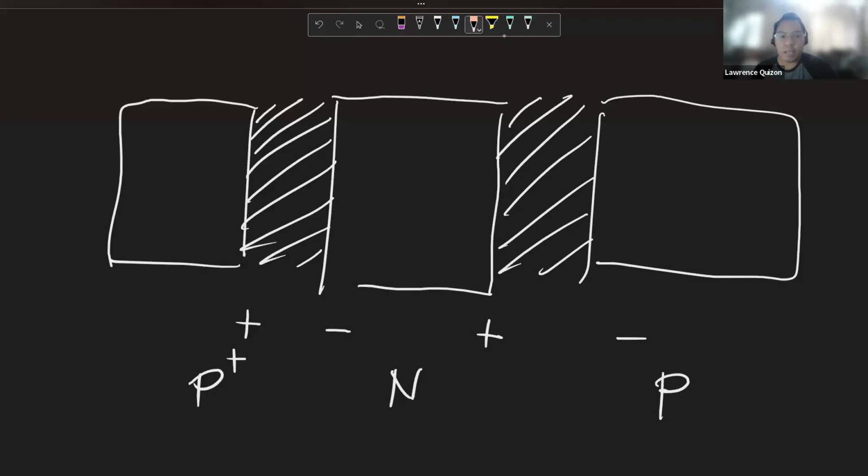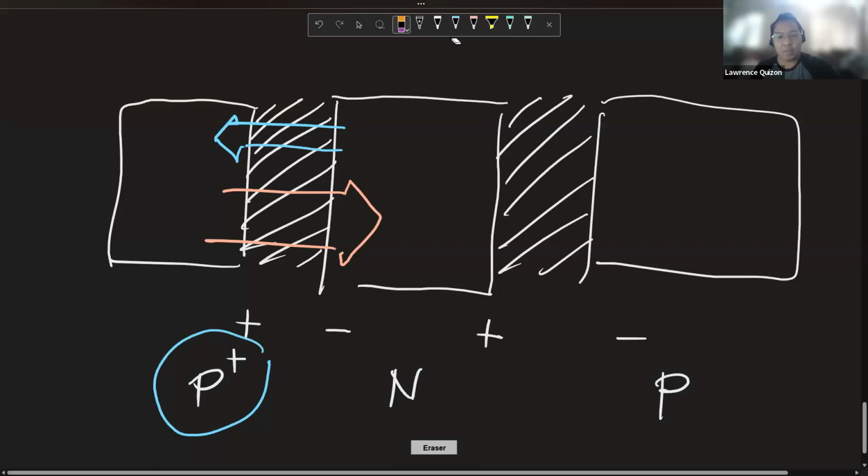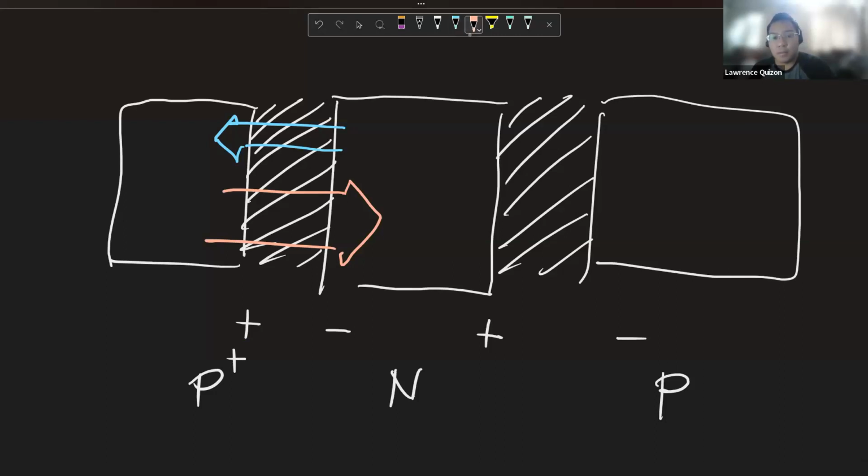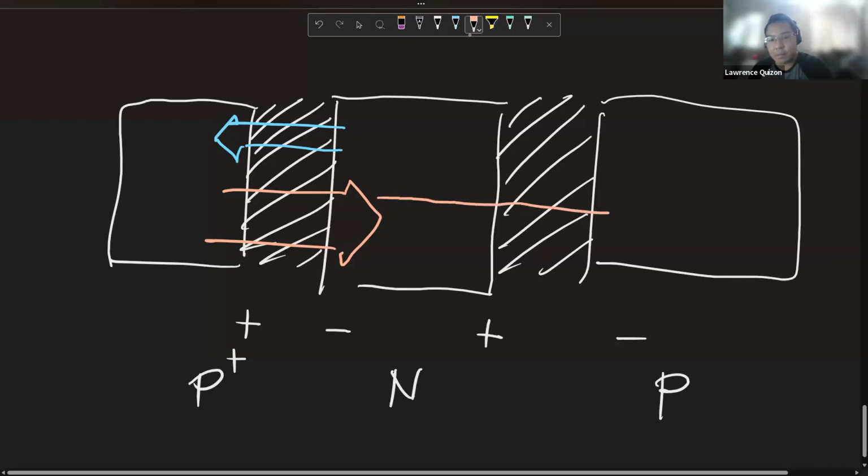So ang pangyayari dito is because of the forward bias, malaki yung diffusion current dito. But because of the fact that this is P+, mas malaki yung hole portion kesa dun sa electron portion. Because the base is narrow, a lot of the current make it to the collector, but not all of it.